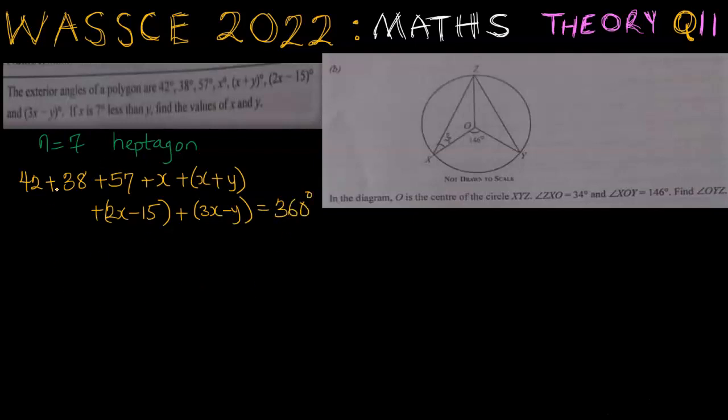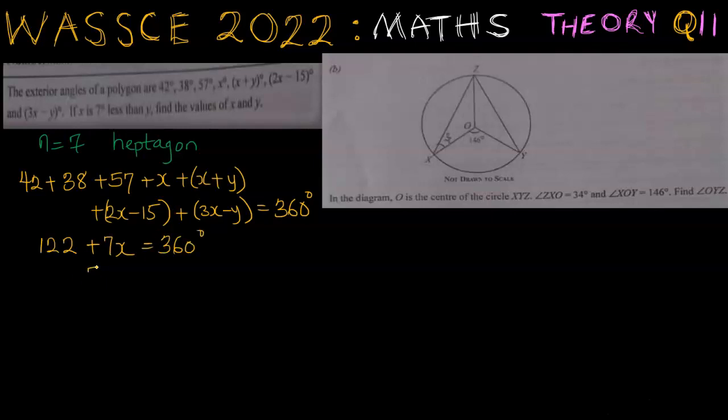And this is because the sum of the exterior angles of a polygon, irrespective of the number of sides, is 360 degrees. Now we need to add 42 and 38 and 57, then take away 15. That's going to give us 122. Then the letters, x plus x is 2x, plus 2x, that's 4x, plus 3x, that's 7x. Then the y, we've got just y and minus y, so y is gone. This is equal to 360 degrees.